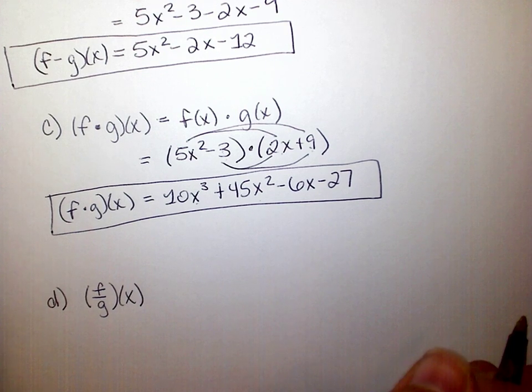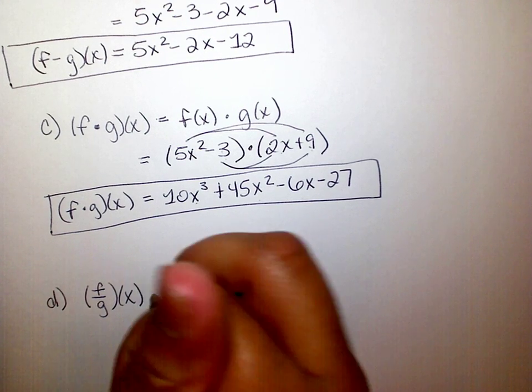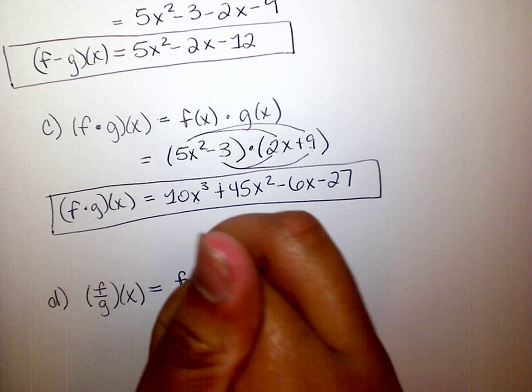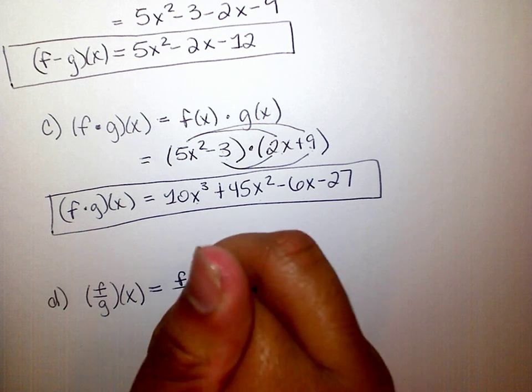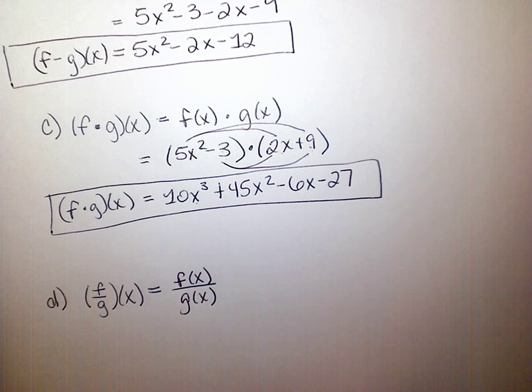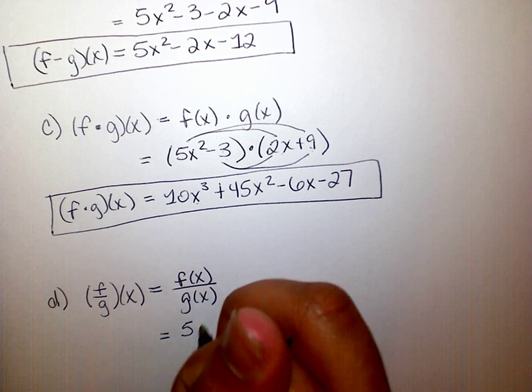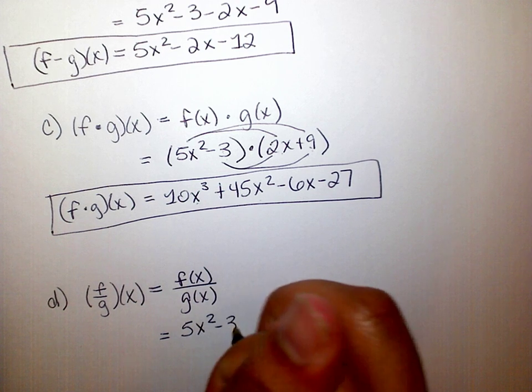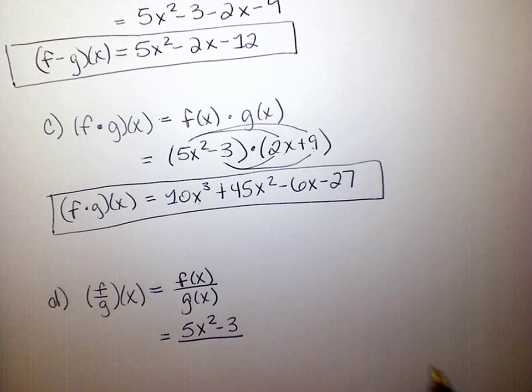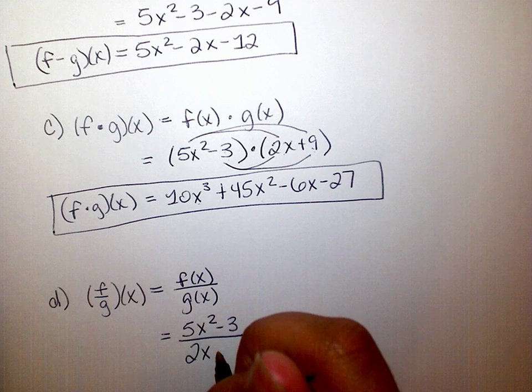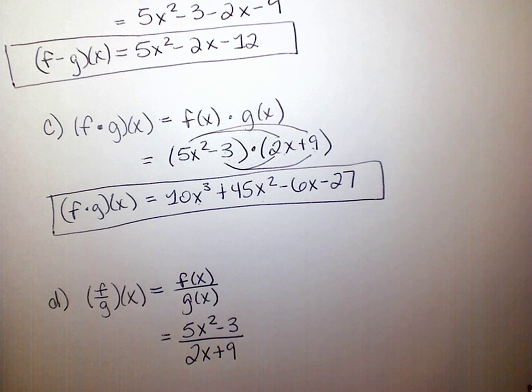So in D we are dividing. So we're going to be dividing the function f by the function g. So the function f is 5x squared minus 3. The function g is 2x plus 9.